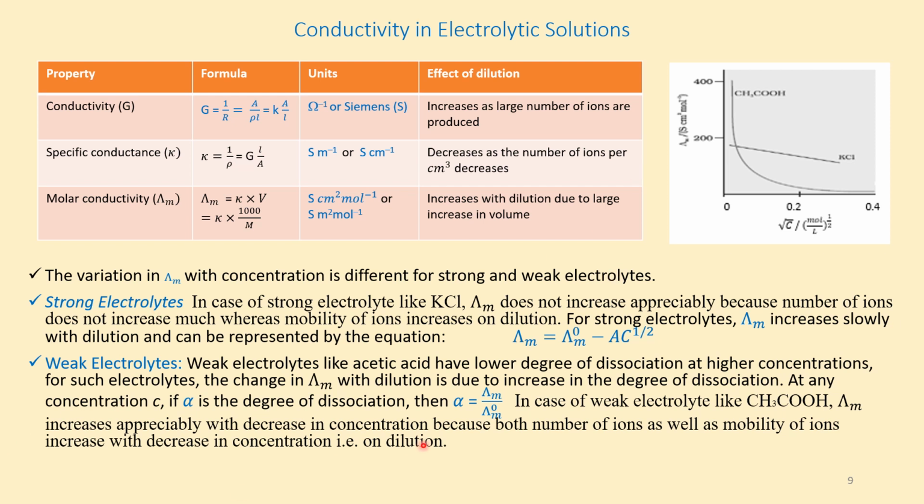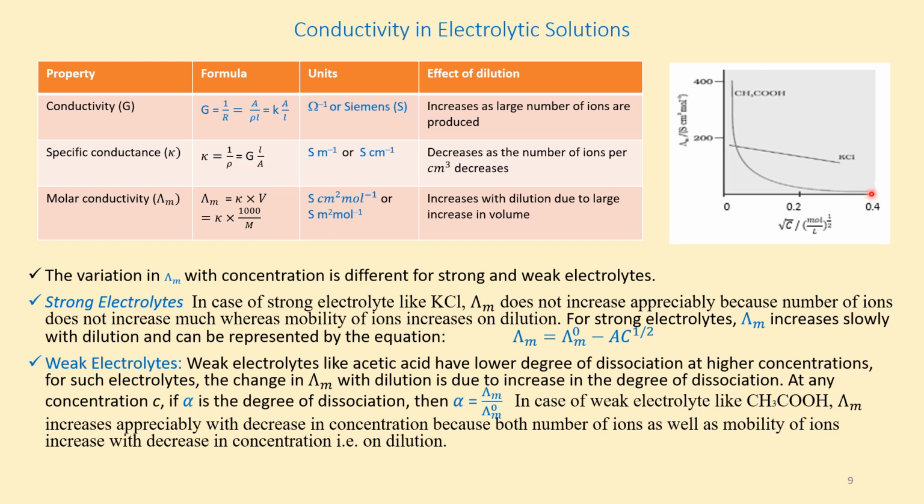Weak electrolytes, like acetic acid, have a lower degree of dissociation at higher concentration. For such electrolytes, the change in lambda m with dilution is due to the increase in the degree of dissociation at any concentration C. If alpha is the degree of dissociation, then alpha is equal to lambda m by lambda m naught. In the case of a weak electrolyte like CH3COOH, lambda m increases appreciably with decrease in concentration.